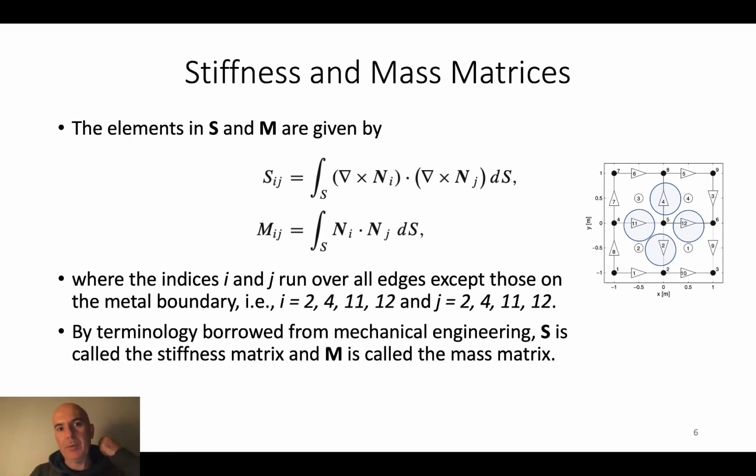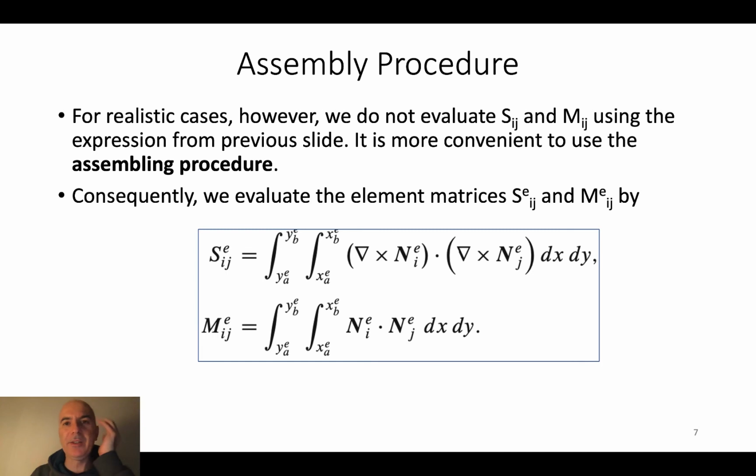Of course, what we can do is apply a technique that we've been using in the FEM when solving the scalar equation. Instead of calculating the integral directly all over the domain, we calculate that integral for one element and then sum over all the elements to calculate the global matrix, using a procedure called the assembly procedure.